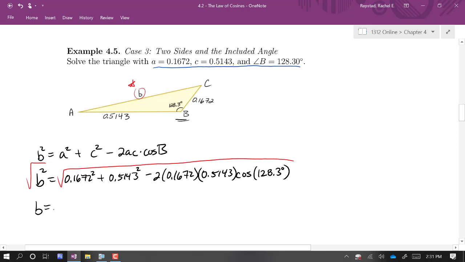Now, there's a lot of room for error when entering this in the calculator. I'm a fan of entering it all in one go, and I'm going to do that here. If you want to approximate first, you can do that, and I'll show you that as well. Just be careful because there's a lot of room for error.